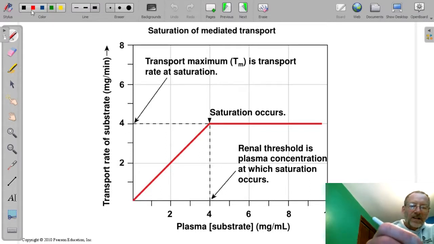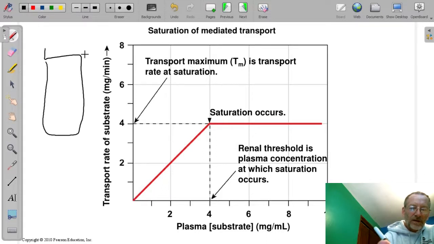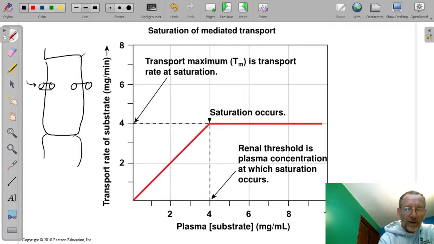If this is a cell again, here's the basic idea that we're looking at. If we're going to be moving any substance across the membrane, either one way or the other, it has to go through some sort of transporter protein.